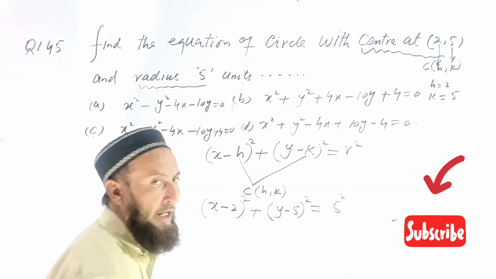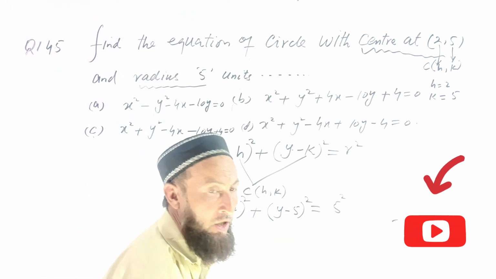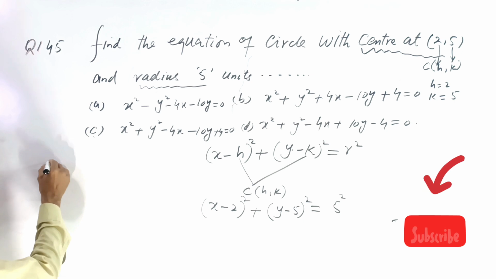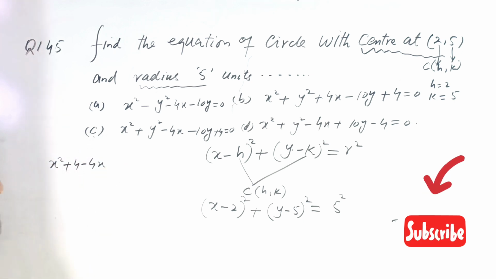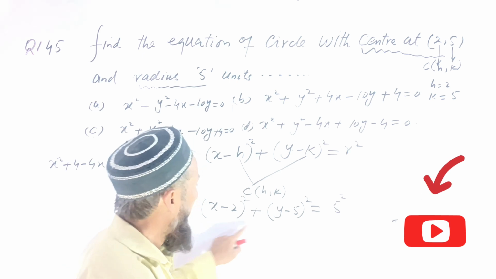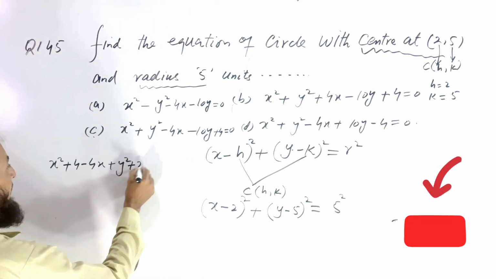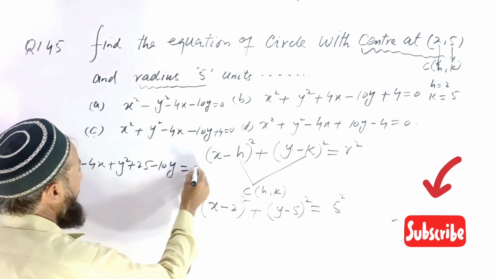If we expand according to the formula (a minus b) whole square, we open that one. So according to the formula, x square plus 4 minus 4x, and similarly y square plus 25 minus 10y is equal to 25.